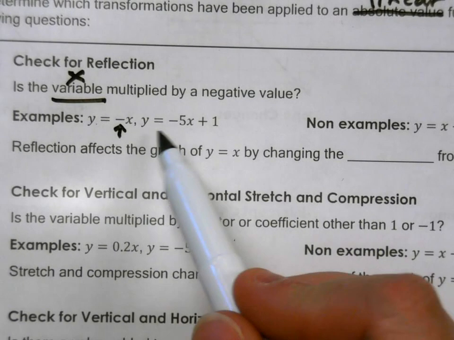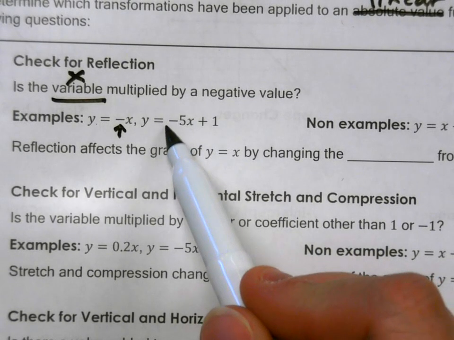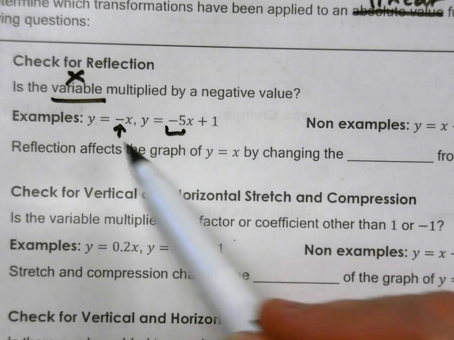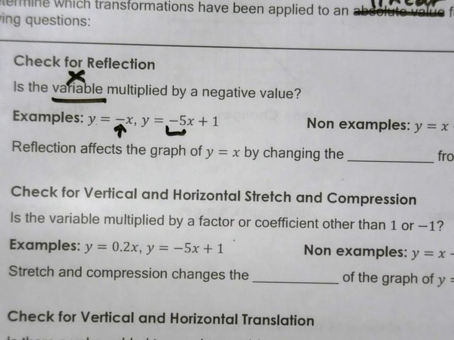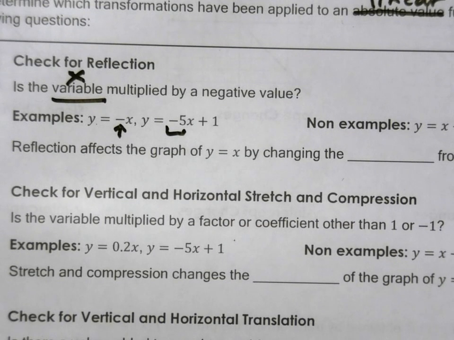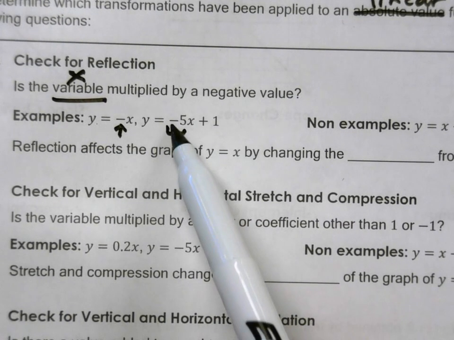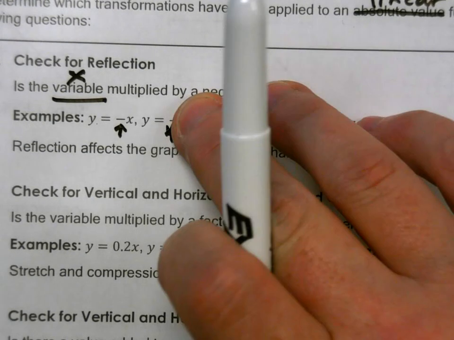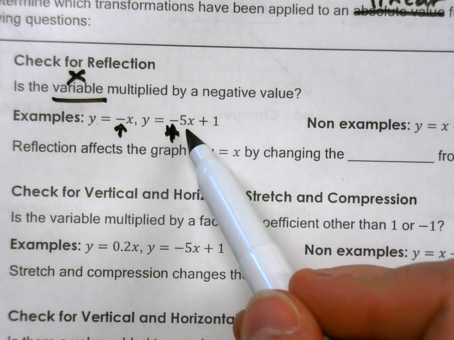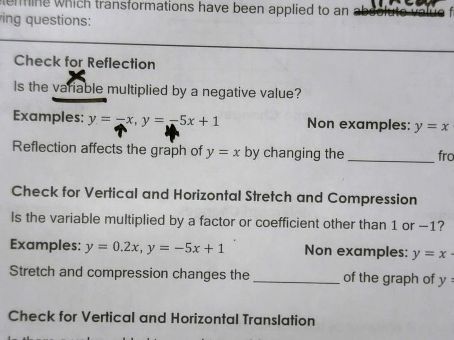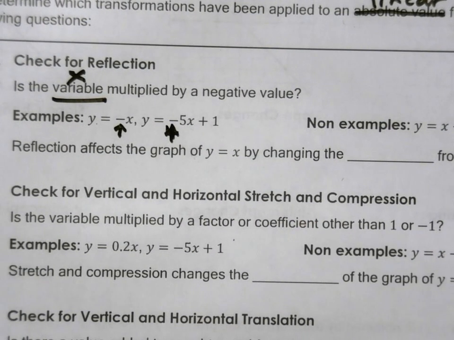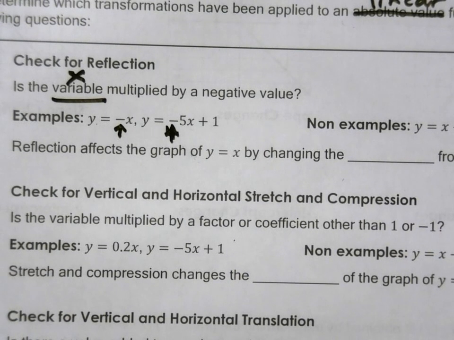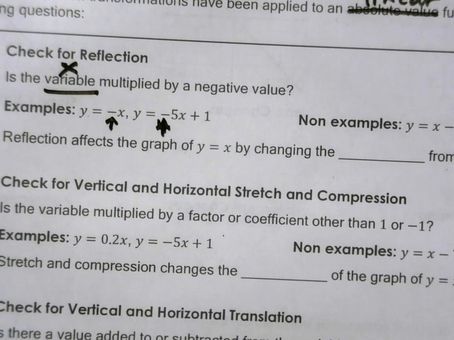And then right here in this next example, it's a negative 5 times x. So I've got y equals negative 5x plus 1. We are only looking for that negative sign that's out front there. When we're looking for reflection, we don't necessarily care what the number is. We only care about the negative sign, if there's a negative sign being multiplied to your x.